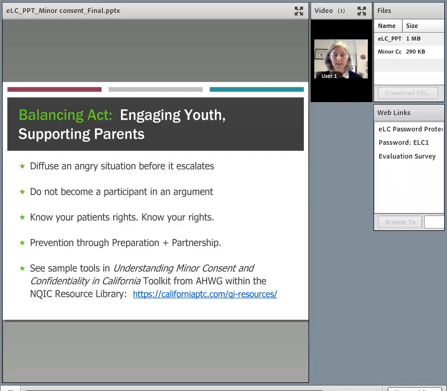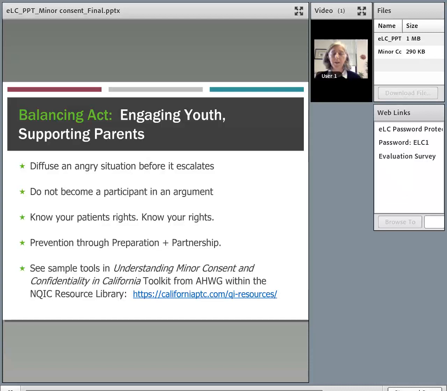Sending that letter when your clients turn 10 or 11 saying your child is starting to enter their tween and teen years, and this is when we're starting to help encourage that responsibility and independence. Making sure that there are posters in the clinic waiting room and in the clinic exam rooms that help explain the value of encouraging that kind of responsibility, that this is a standard practice for you to provide confidentiality. It's not because we think your child has a problem.